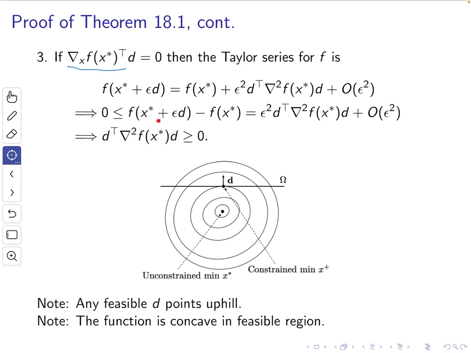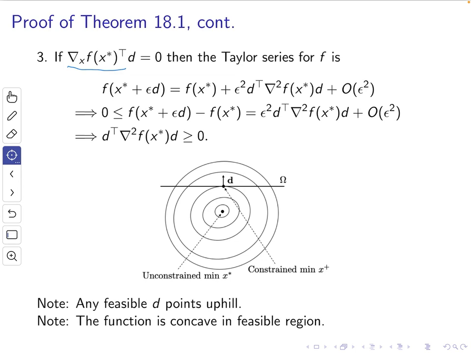So when we pull this to the other side, it's a local minimum, so this has to be positive, and it has to be true for every epsilon, so we let epsilon go to 0, this term goes away, and this term has to be positive for every d where the gradient inner product is equal to 0.